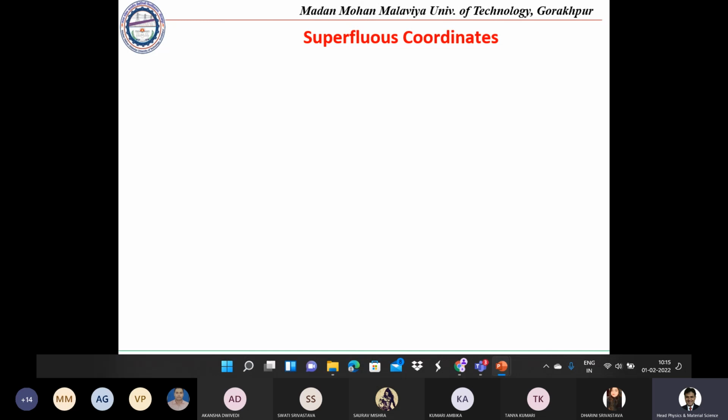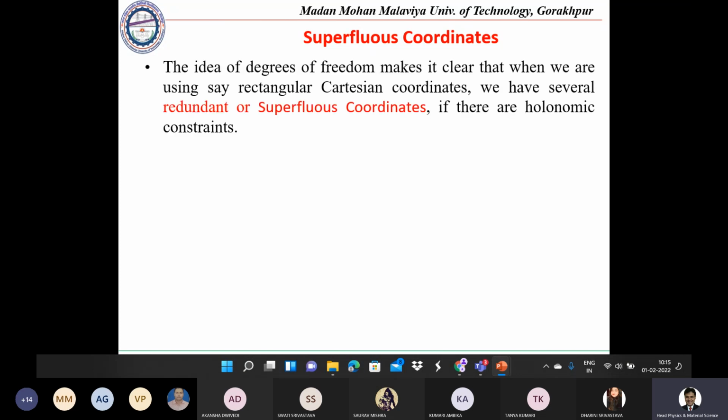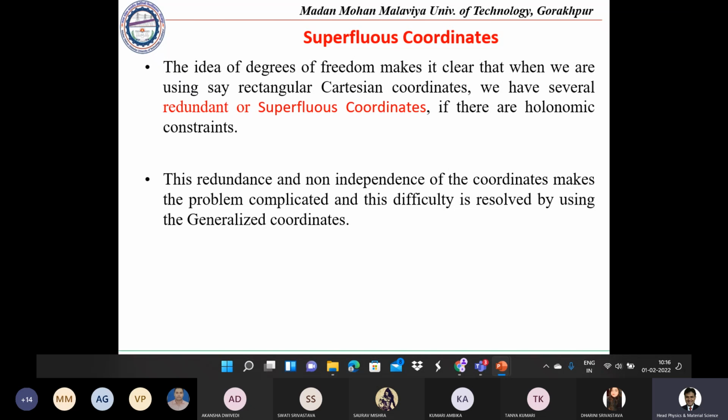That is the usual meaning of superfluous here. Similarly, sometimes there are many coordinates that are not needed at all; they are superfluous or redundant, but they create problems in any calculation or realization of a problem, so understanding them is very important. I am trying to give the idea about that. The idea of degree of freedom makes it clear that when we are using, say, rectangular Cartesian coordinates, we have several redundant or superfluous coordinates if there are holonomic constraints. These are redundant and non-independent. The non-independence of the coordinates complicates the problem, and this difficulty is resolved by using generalized coordinates.